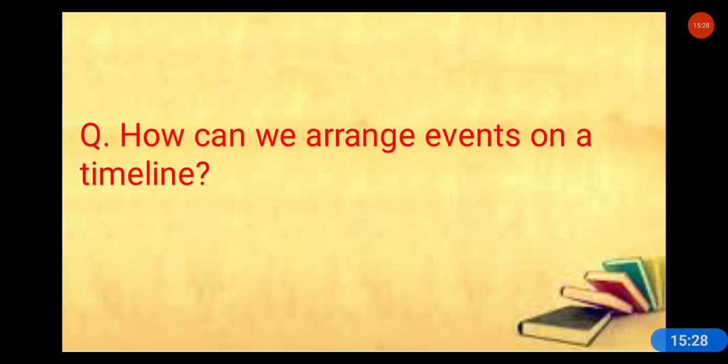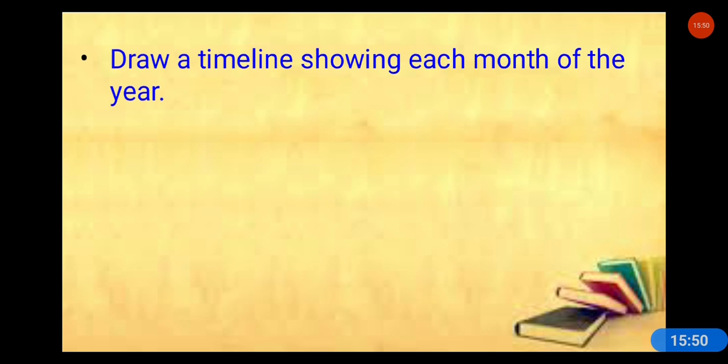Next question is, how can we arrange events on a timeline? Right. This is a big challenge. We have learned in the previous questions how we can arrange events on a timeline. Let me tell you.